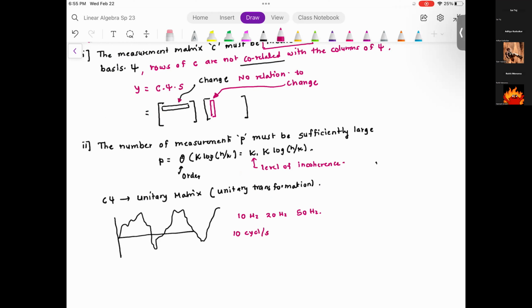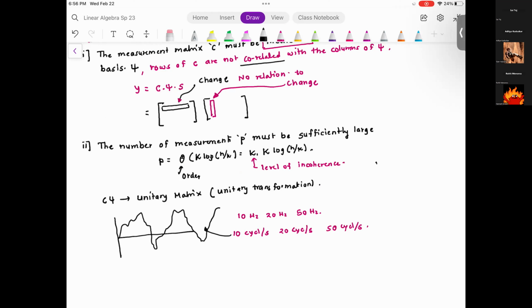There is another component that is changing 20 cycles per second, and there is another component that is changing 50 cycles per second. And all these components are on top of each other. So this signal comprises maybe three terms, wherein one signal is changing at 10 cycles, other signal is changing at 20 cycles, the third signal is changing at 50 cycles.